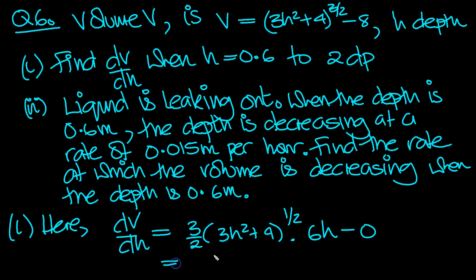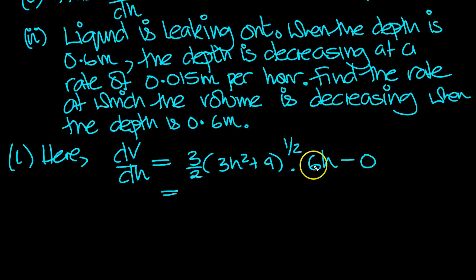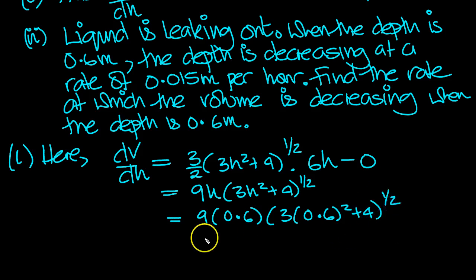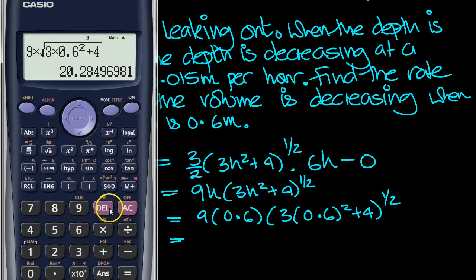So what does that equal then? 6 over 2 is 3, and 3 threes are 9. h times 3h squared plus 4 to the half, which equals, now put h is 0.6 in, 3 times 0.6 squared plus 4, square rooted all to the power half, which equals, so we need to type that into the calculator then.